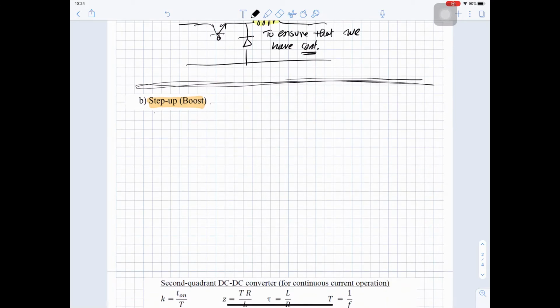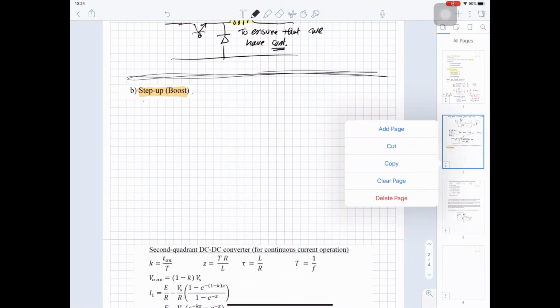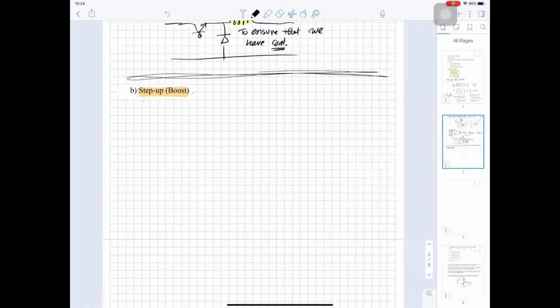One sketch is the one that follows the previous notation, and the second sketch is the most used sketch. So for the previous notation, we had an R, L, and E load, and we had a source here. So we had V source, we had E, and we had R, L.